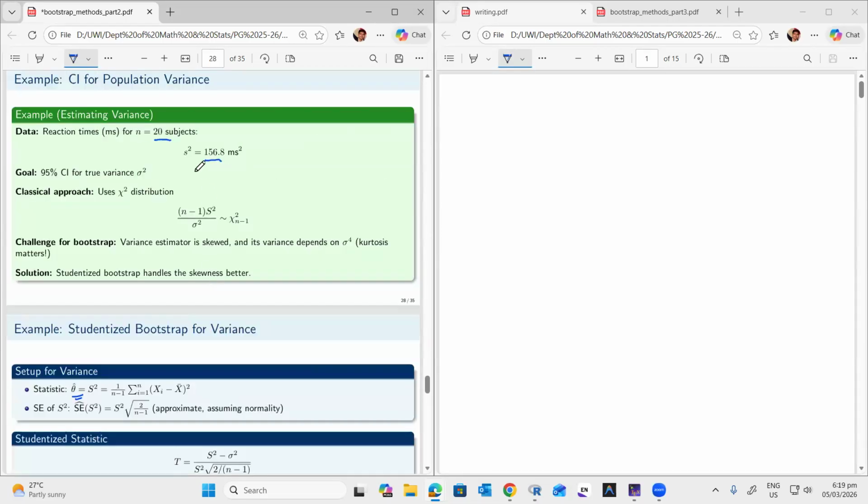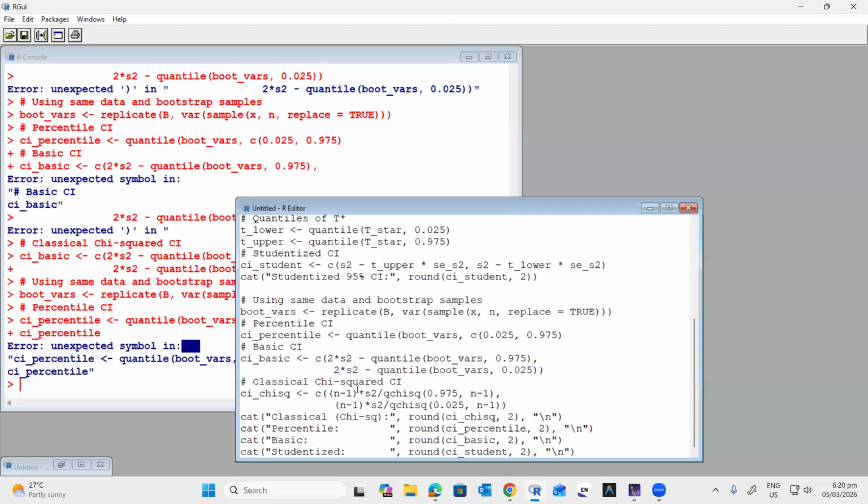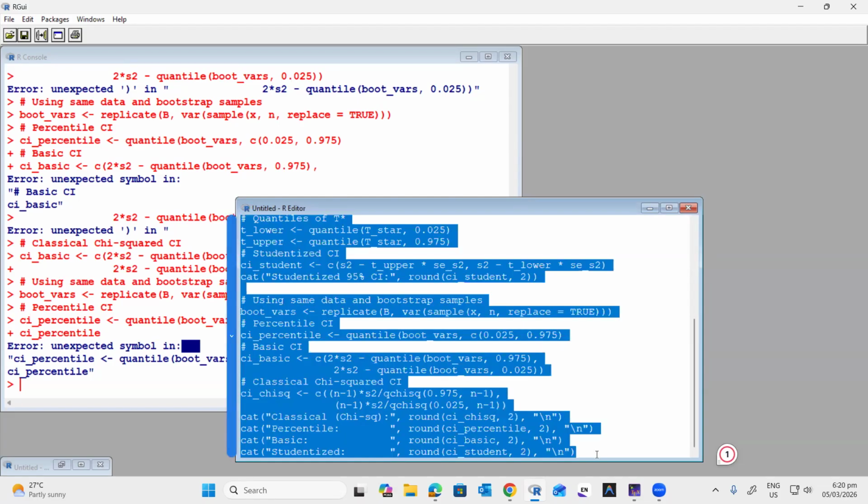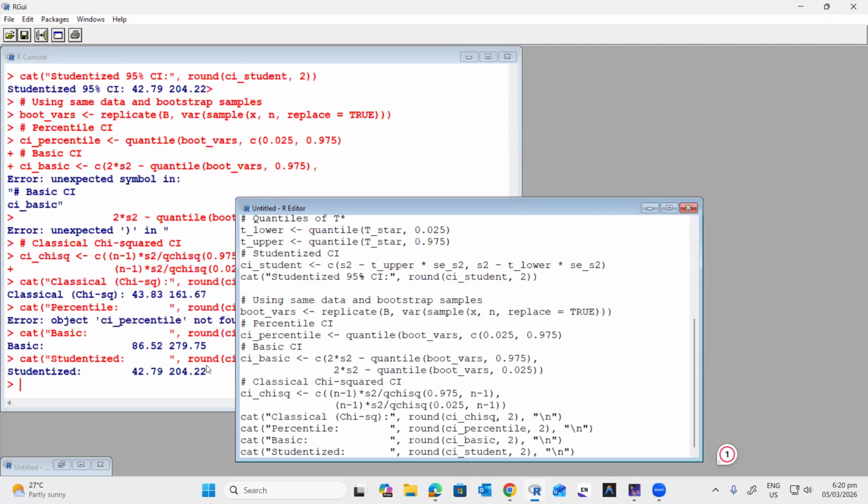Through this method we calculate the confidence interval, and 2 times h2 minus the quantile function of n minus 1 times h2 divided by chi-square 0.025 with n minus 1 degrees of freedom. So this will be your final result.